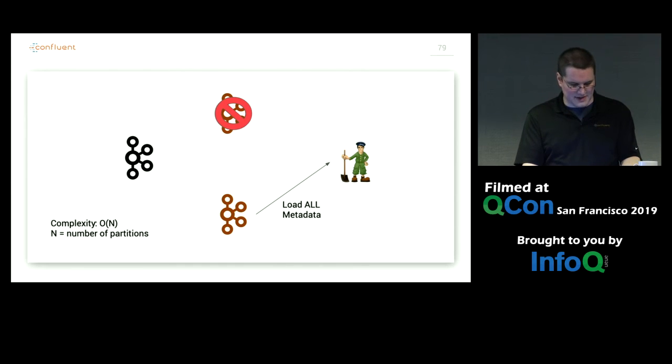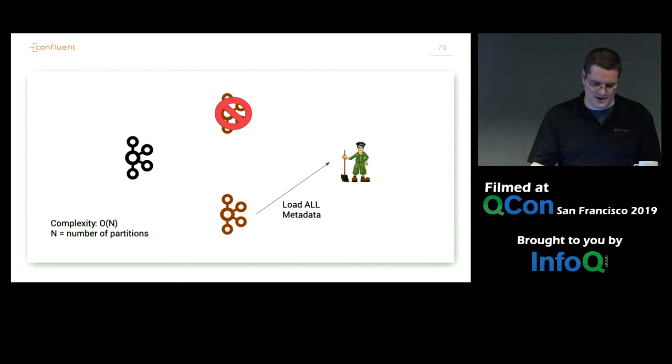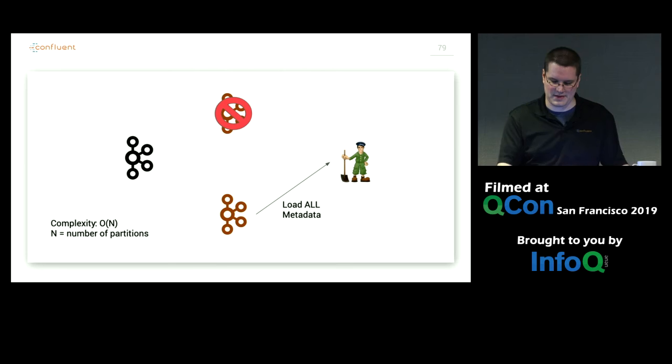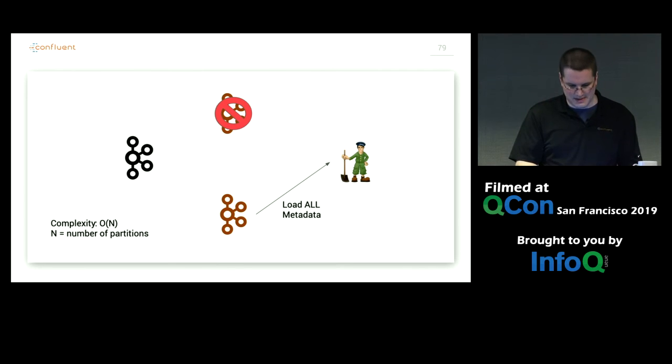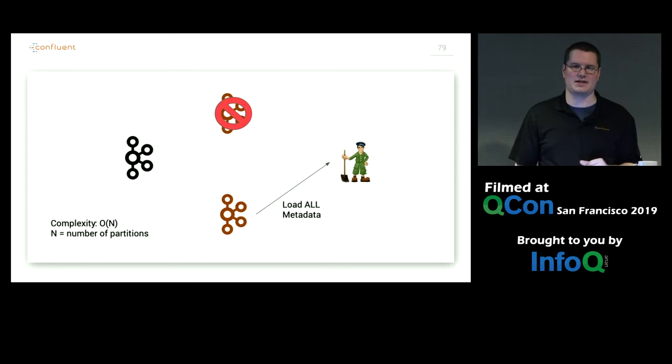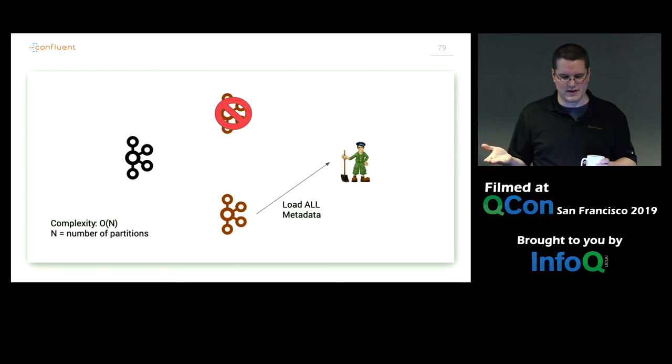When you're loading this metadata, the complexity is O(n), where n is the number of partitions. So as your number of partitions increases, this loading time will increase as well. And this loading time is critically important because while the controller is loading the metadata, it can't be doing things like electing a new leader. So that can lengthen the period when the system is unavailable.